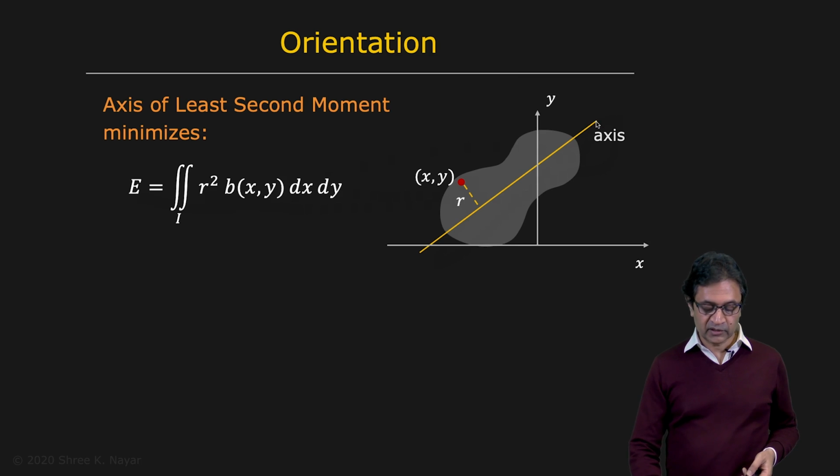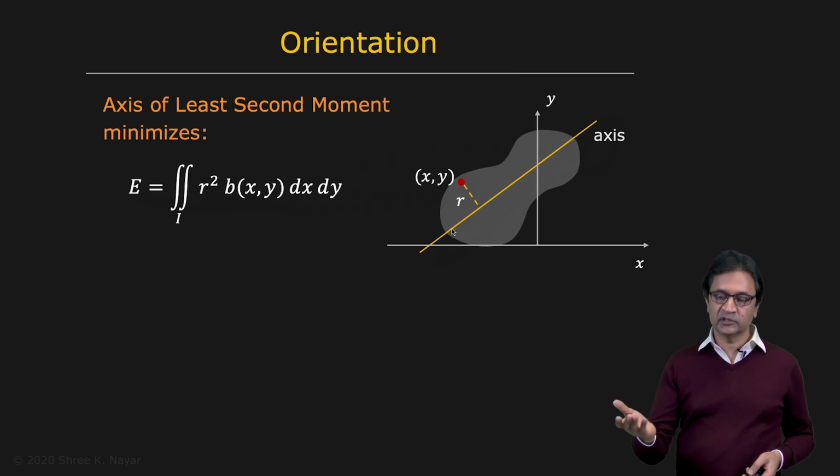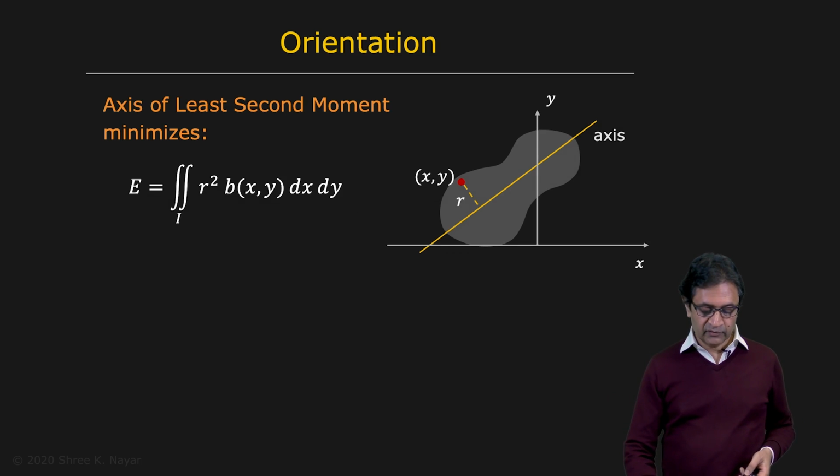Of course, this axis that I'm showing here is essentially an arbitrary axis. So you take every point and find the distance of that point from the axis, that's r, square it, integrate that over the entire image, and you have the second moment with respect to this axis. And we want to find the axis for which the second moment is minimum.